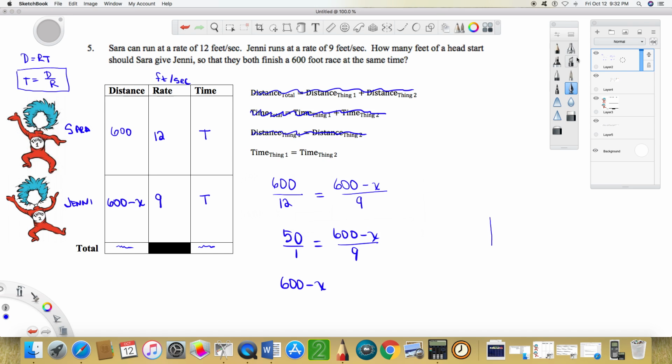Let's highlight what I'm doing on a cross multiply. Boy, why does this not like changing pens? Well, I'm cross multiplying here, and I'm cross multiplying there. So I've got 9 times 50. So I have 600 minus x is equal to 450.